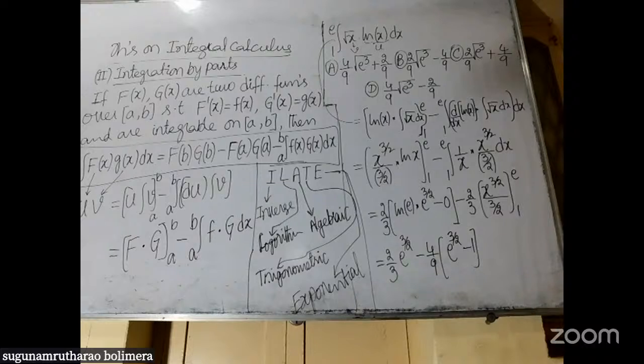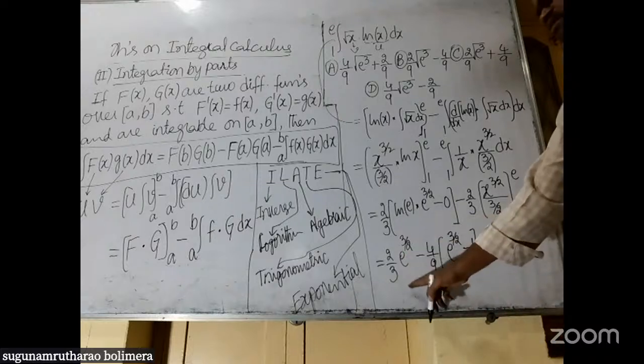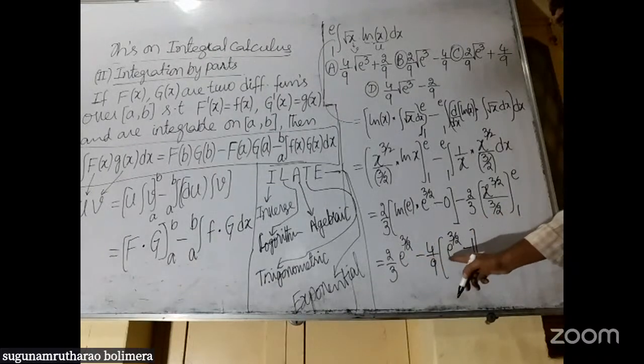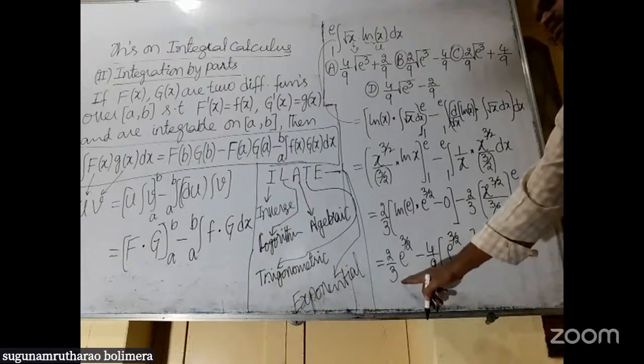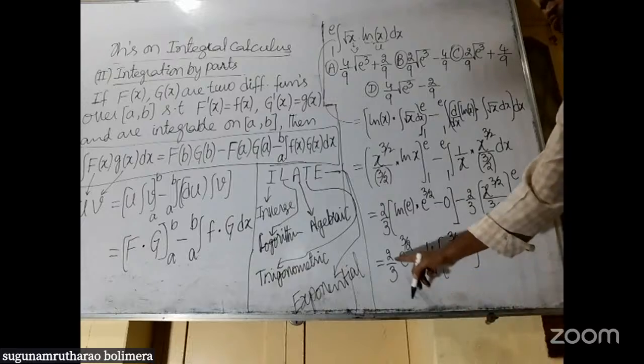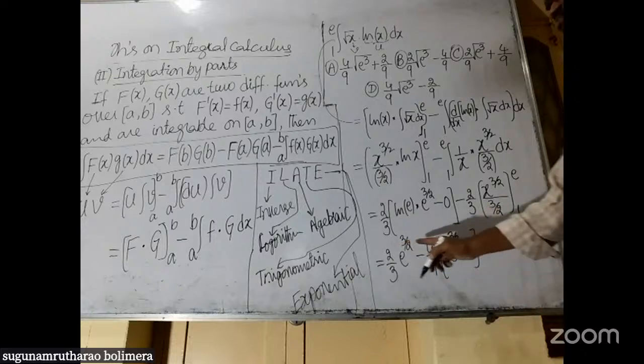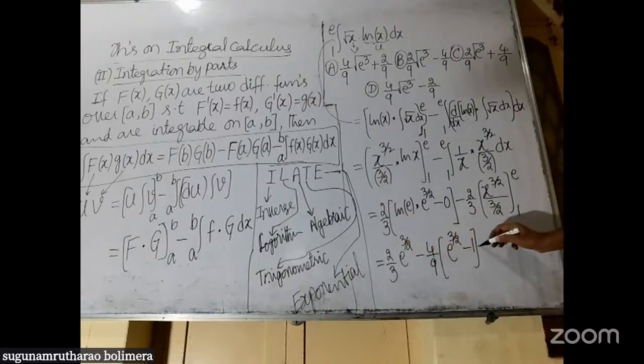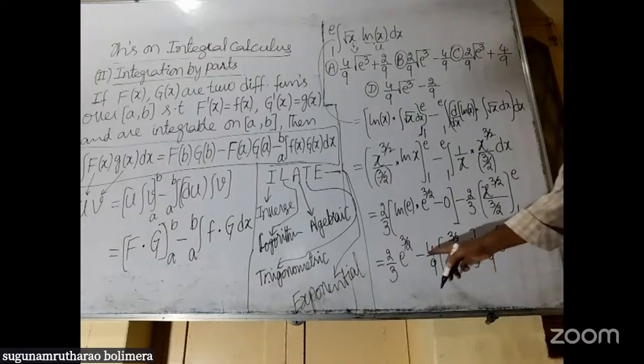If you simplify, 2 by 3 e power 3 by 2 minus 4 by 9 e power 3 by 2. Take LCM 9. 2 into 3 is 6, 6 minus 4 is 2. So therefore 2 by 9 e power 3 by 2, minus of minus, plus 4 by 9.